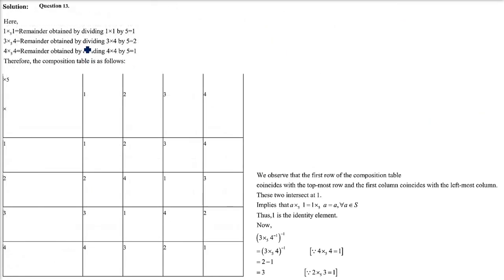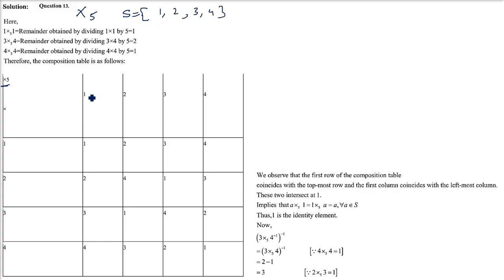Question number 13. For the binary operation multiplication modulo 5, x5, defined on the set S equal to {1, 2, 3, 4}, write the value of, let me tell you first, how are you going to make it? You have to write x5 here. This S is equal to, the set is also given to us, it's 1, 2, 3, 4.